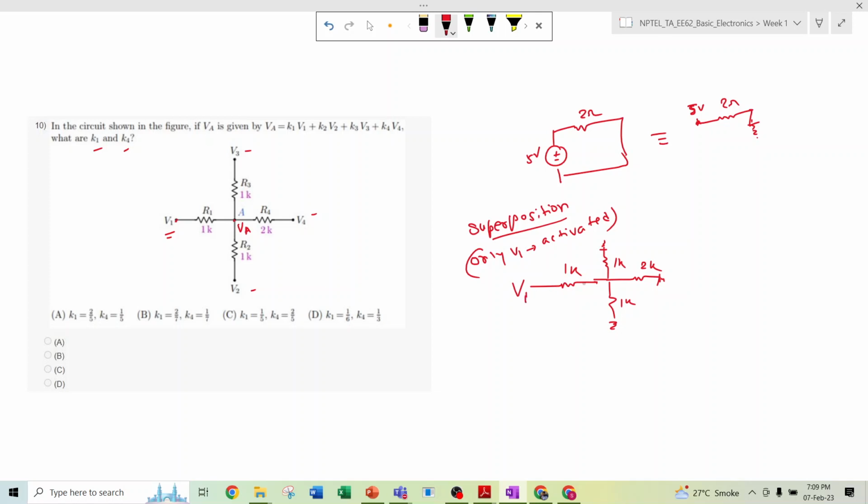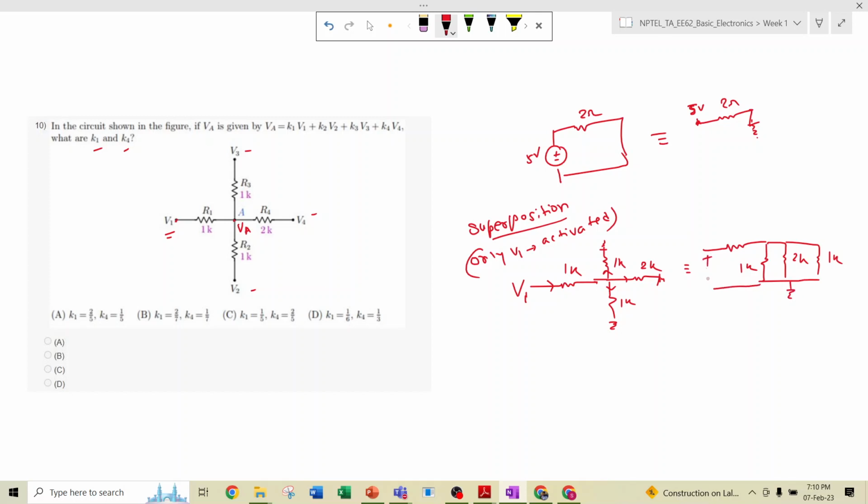So you should see that the current flowing through this direction divides into 3 parts. Basically you can consider this as like this. There is 1 kilo ohm, through the same point you have another 2 kilo ohm, through the same point you have 1 kilo ohm, and all goes to ground.